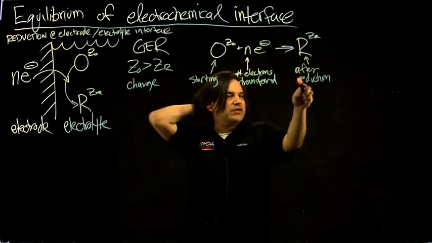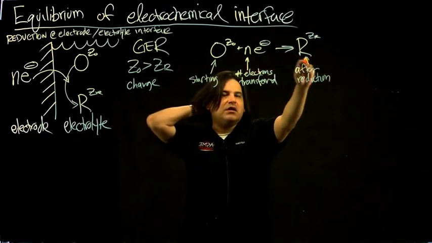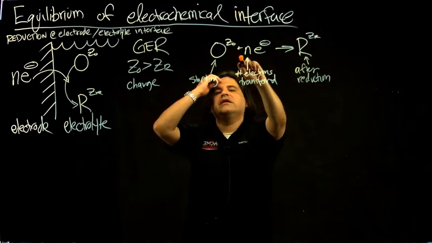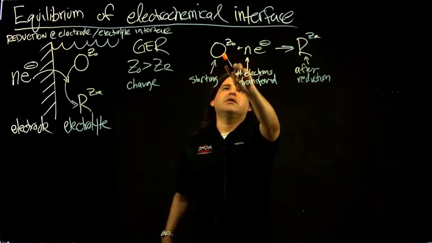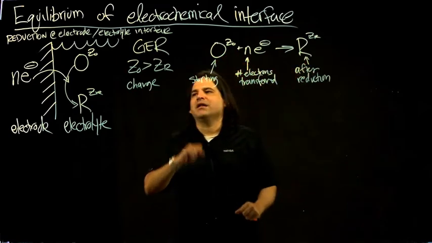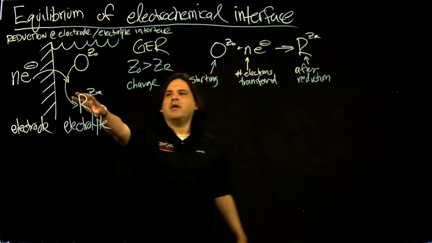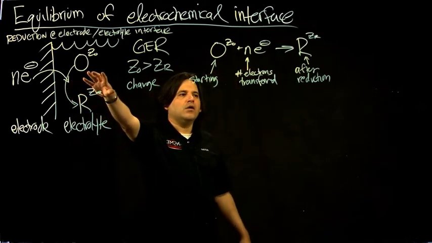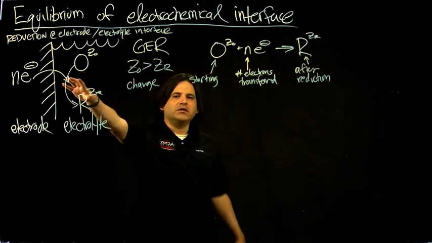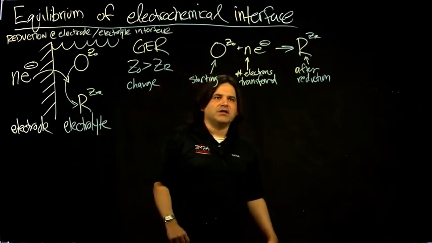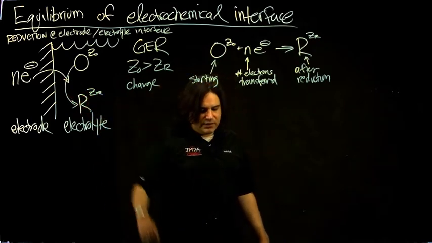So this is definitely reduced because it gained an electron. This doesn't necessarily lose an electron, but we just call it O because it's always a balance of the charge. There has to be a neutral overall balancing of what comes in and what comes out. We're not creating new charge in this reaction. It came from the outside circuit.